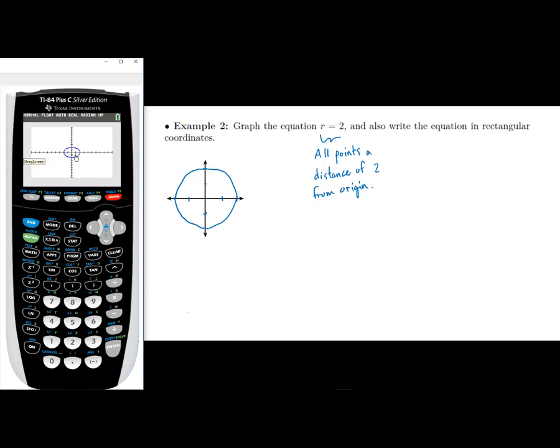You can see the distances between tick marks on the x is different than for the y. And then you can also go to window. You can tell it what angles you want it to graph at, and so I'm going from theta equals 0 to 2 pi, which will be sufficient to graph my entire circle. And then of course you can adjust your x and y values as well.